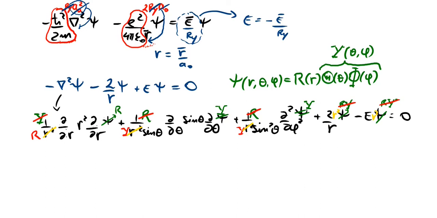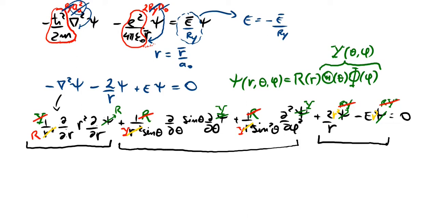Okay, so what is the conclusion of this whole procedure? It is the fact that this term, along with this one and this one, only have r coordinates in them, while this other term, or this collection of terms here in the middle, is for sure a function only of theta and phi.